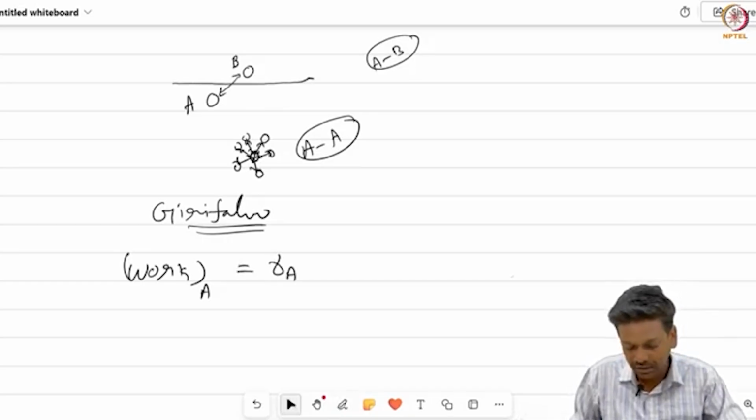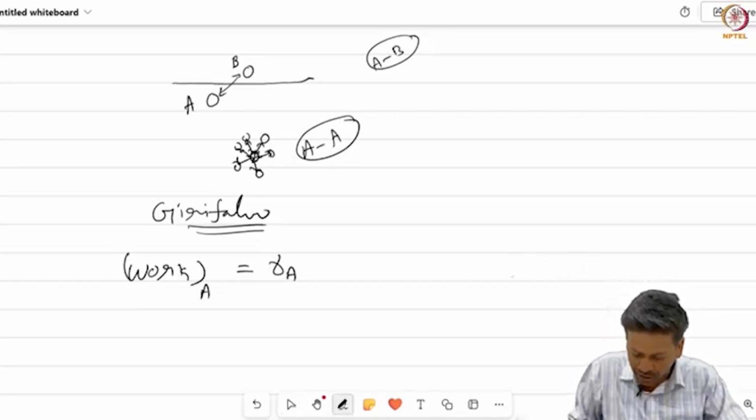Because there will be interfacial surface tension, right? So one has to supply force equivalent to that so that this molecule can overcome the surface tension, which is acting downward, and can be brought to the interface, right?